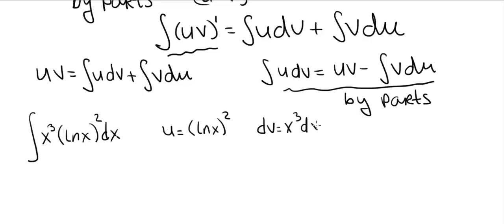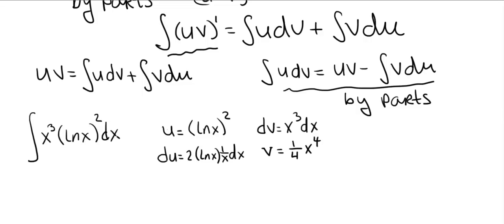Now, it may not work, and you'll soon enough realize that, but at least from here we can proceed further. The derivative of u is 2 ln of x times 1 over x dx. And the antiderivative of dv, that is v, we can take any antiderivative of x cubed. Let's take just the one with the constant of integration being 0. So it's 1/4 x to the 4th.